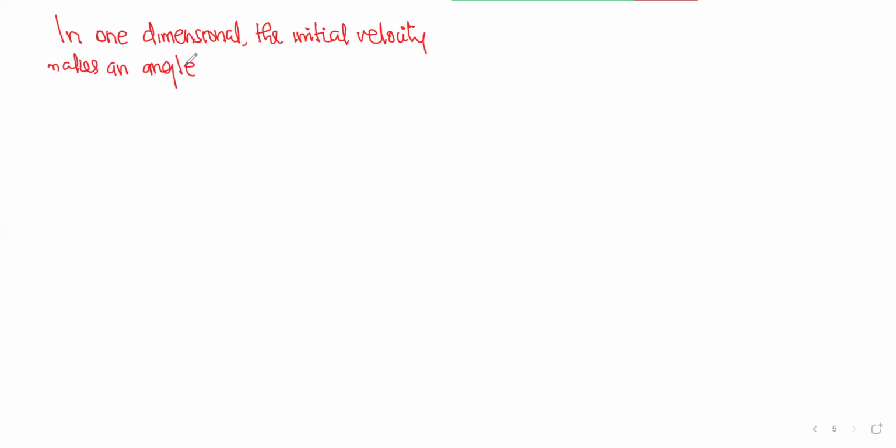So in one-dimensional projectile motion, the initial velocity makes an angle of 0 degrees with the horizontal. Then two-dimensional projectile motion.